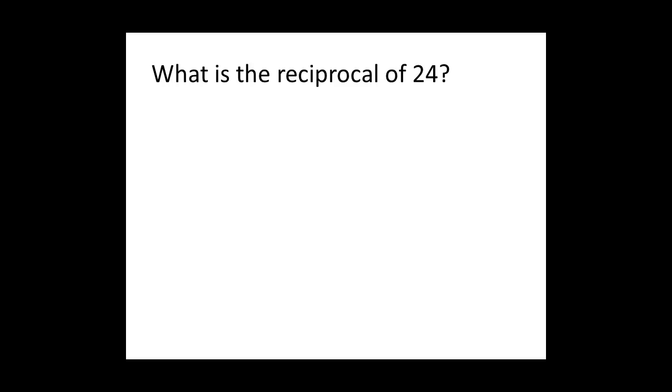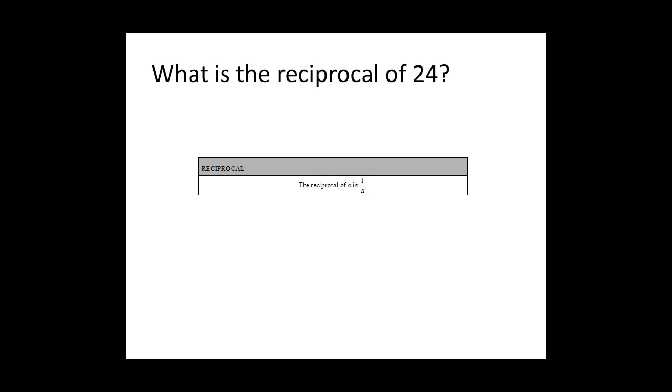First, we need to learn what the word reciprocal means. Our question says, what is the reciprocal of 24? The reciprocal of a number can be written as 1 over that number. So the reciprocal of 24 is 1 over 24.